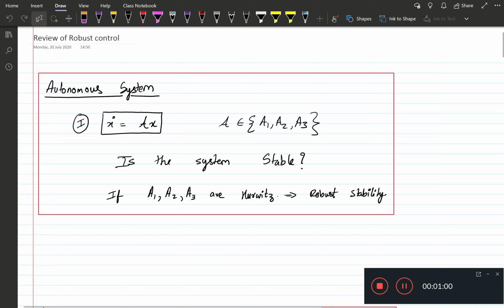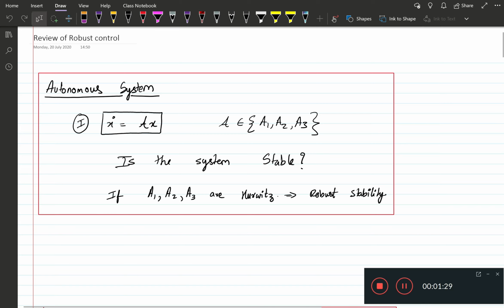Then the question is whether this uncertain system is stable or is robustly stable, and this can be verified by checking the matrices A1, A2 and A3. And if all these three matrices are Hurwitz, meaning that the eigenvalues are in the left half plane, then we can say that this system is robustly stable. So that's basically the idea at the core.